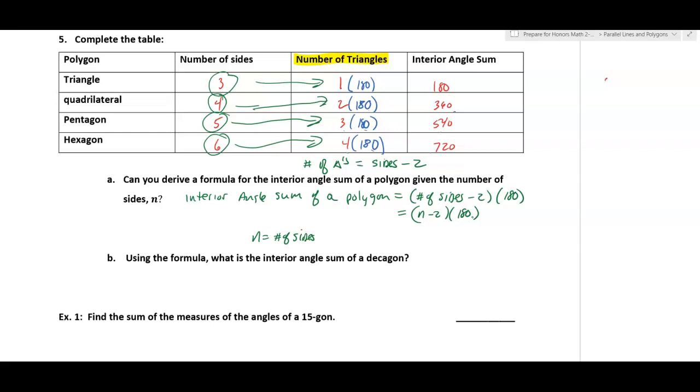So if I gave you a decagon and I wanted to know what all the angles in a decagon add up to, I would take n is 10. So you have 10 sides in a decagon.